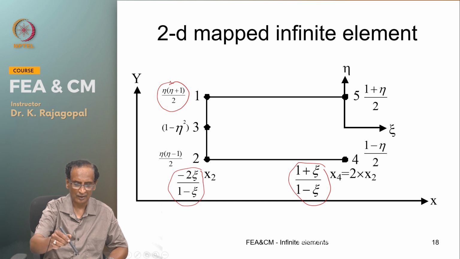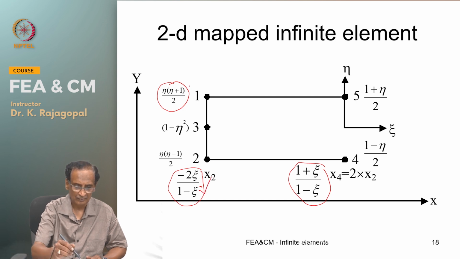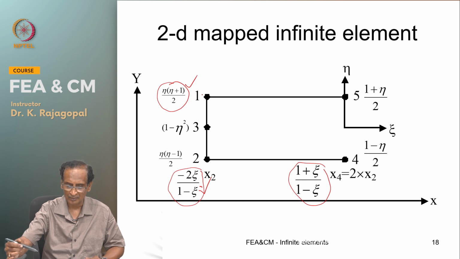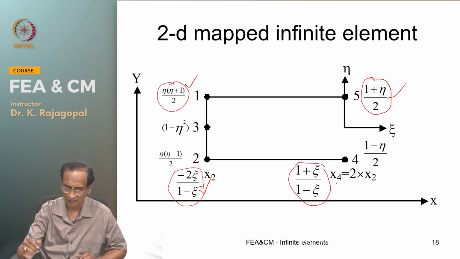So if you want for node 1, we can directly take a product of this and this to get our mapping function for node 1, and similarly for getting the mapping function at node 5, we will use this singular mapping function 1 plus xi by 1 minus xi multiplied with this to get our mapping function at node 5.